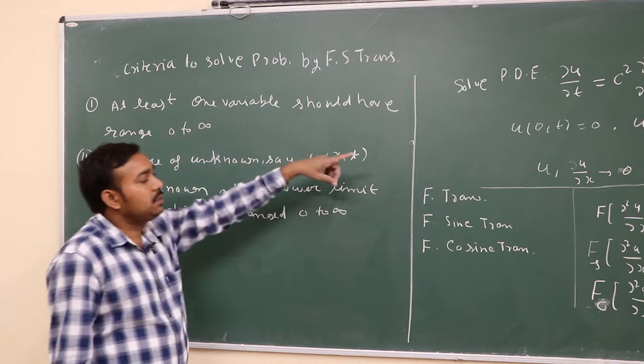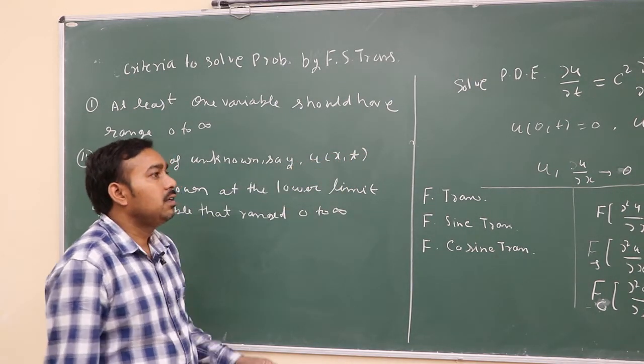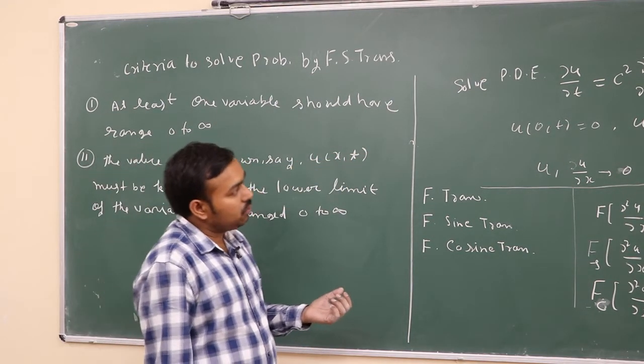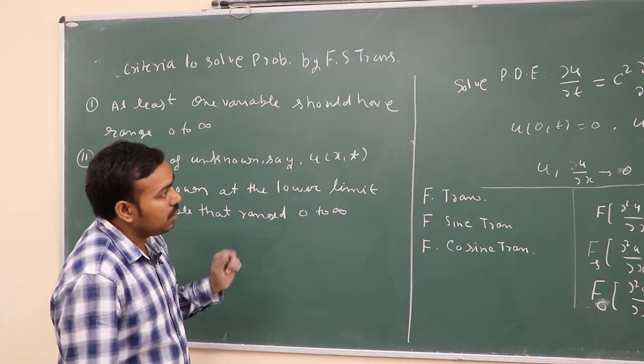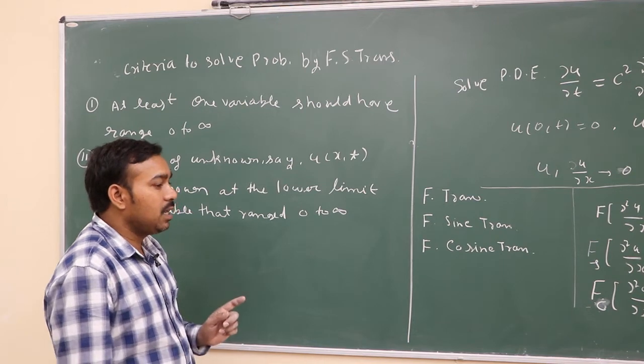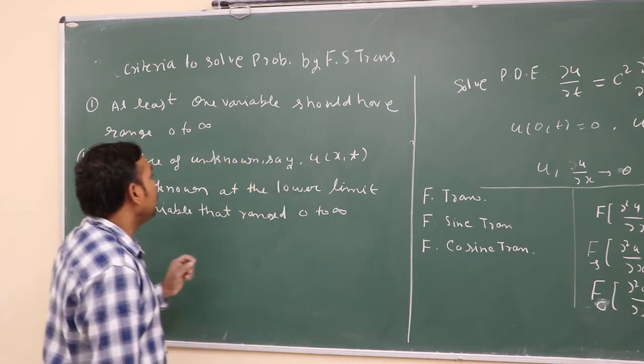In this case, t and x are independent variables, so at least t ranges from 0 to infinity, or x ranges from 0 to infinity.